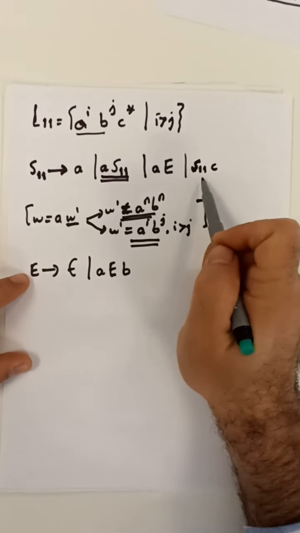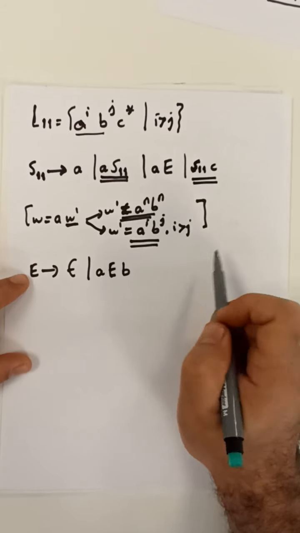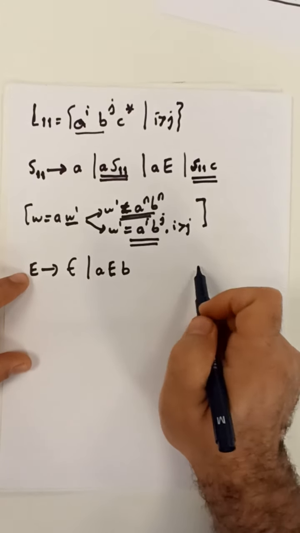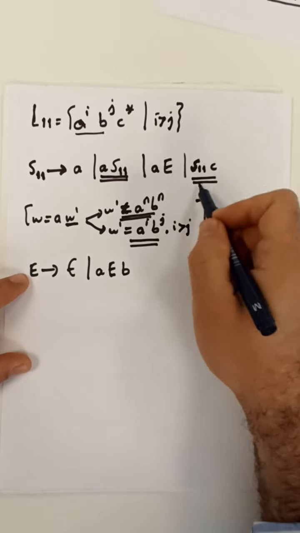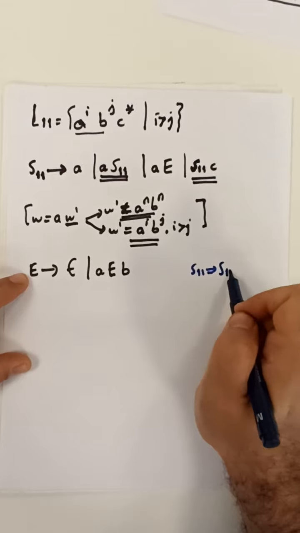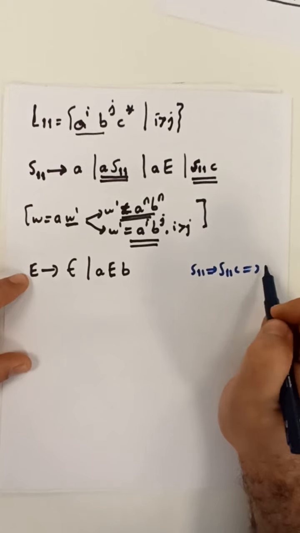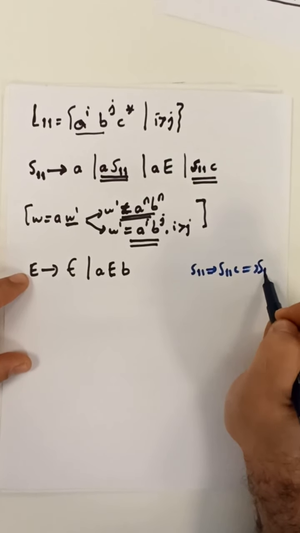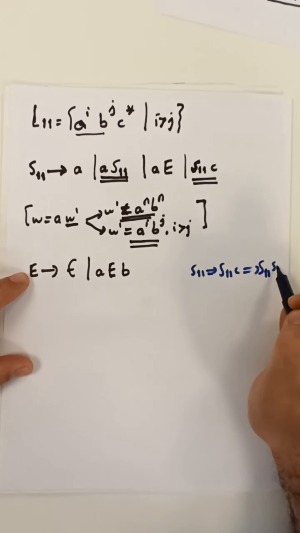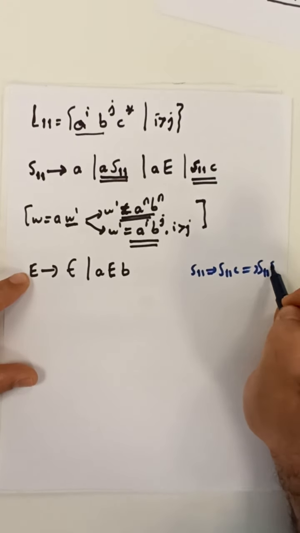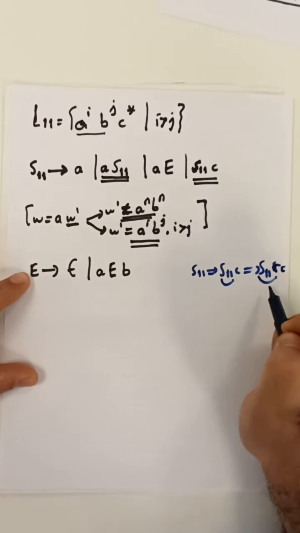Note that using this rule, for instance, I can start with S11, do a derivation using this rule to get S11 C, and again replace this S11 with yet another instance, S11 C, which goes to yet another S11 C and C, and so on.